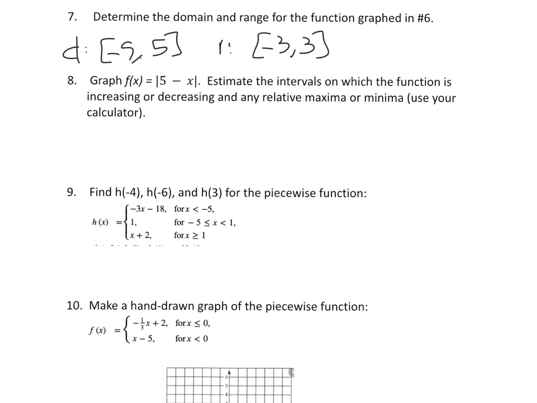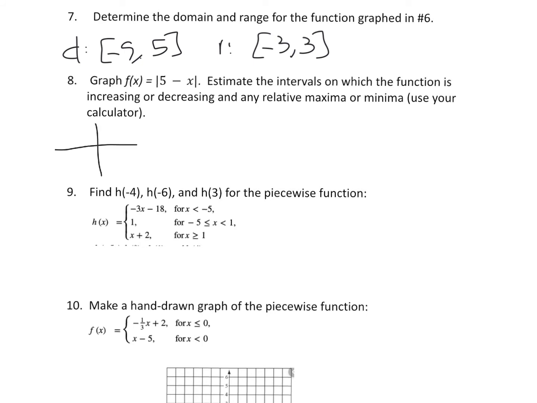All right, number 8, graph that function in your calculator. Determine the intervals where the function is increasing and decreasing, and then the relative maxima or minima. I'm going to graph on the calculator, and I'll draw a picture of what it's going to look like. By the way, the absolute value button on your calculator is in math. If you go to math and on the top go to num, you'll see it right there.